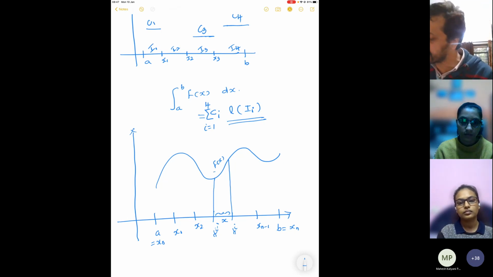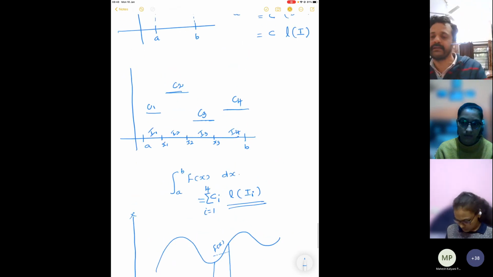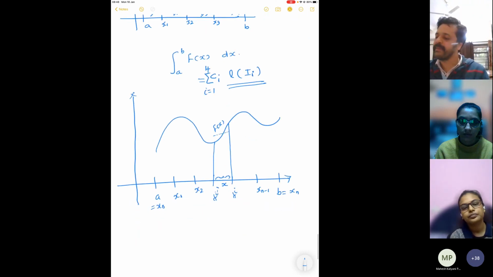So this is that constant, suppose. And then it is something like what you have previously done, a piecewise or step function. You approximate the area under the curve f(x) from x(i minus 1) to xi with the area under the rectangle. This is what Riemann did.